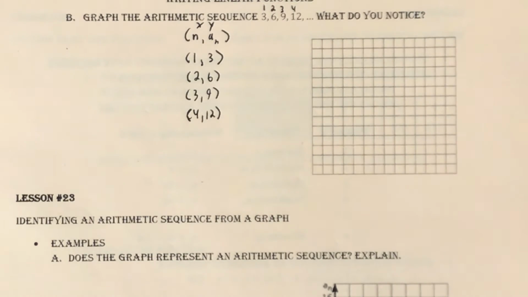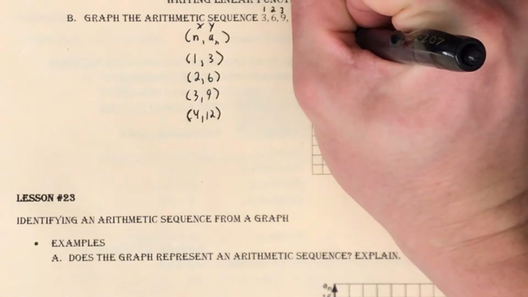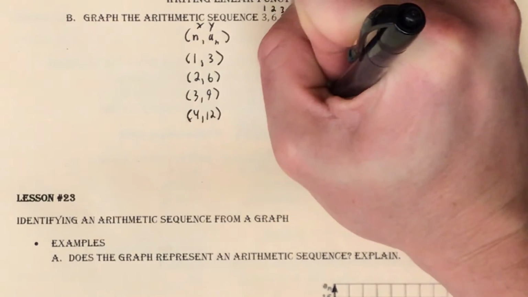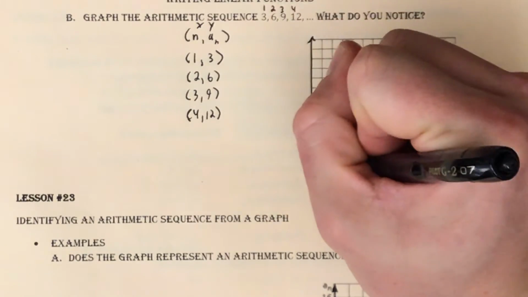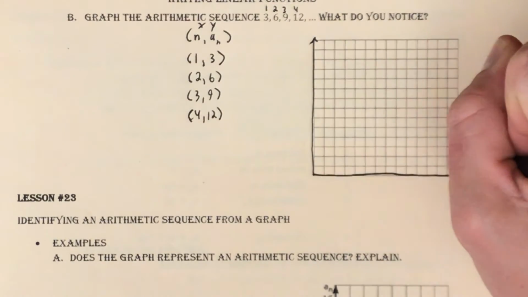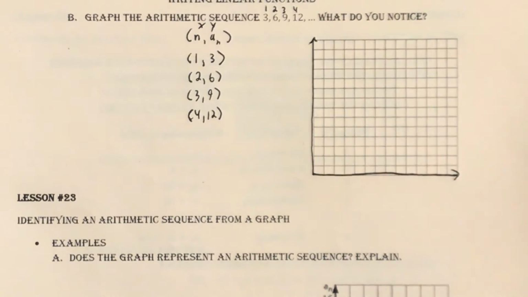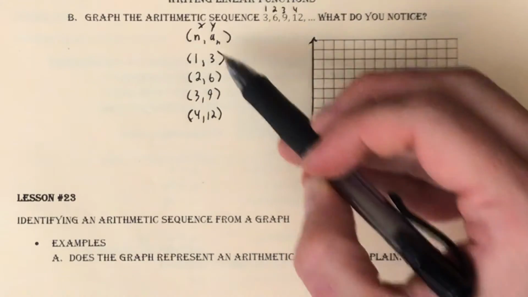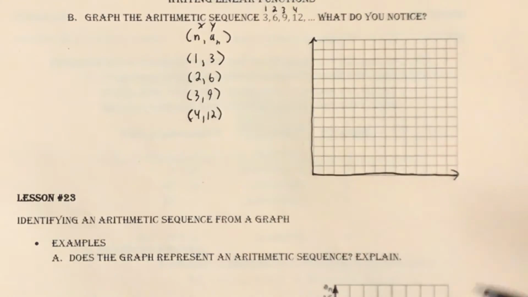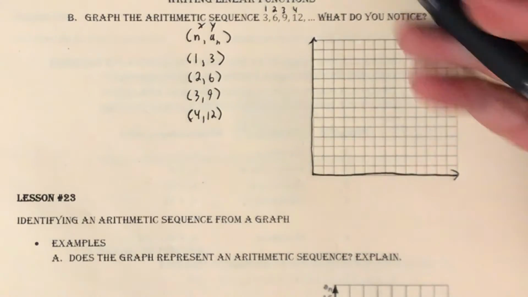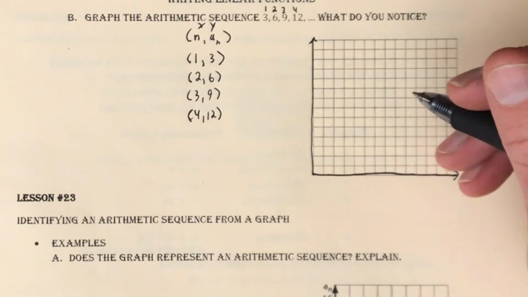Now I've got to go in and graph these ordered pairs now that I figured them out. So when I go to graph them, I notice that they're all positive numbers. So again, working in a quadrant 1 graph. I also noticed that they're all increasing by 3 in the y part, or the a of n. They're only increasing by 1s in the n's, or the x. So I can fit it all on the graph easily.